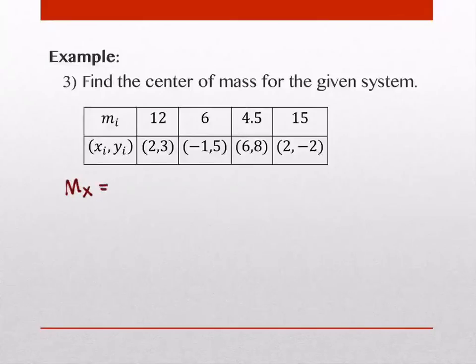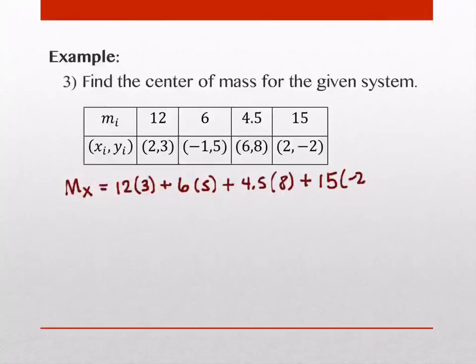So we take the mass, and we multiply it by, as Evan was noticing, the y values. We use the y values inside of this. We take the second mass, 6, times the y value of 5. Third mass is 4.5, times the y value of 8. And then our 15 times our y value of -2.